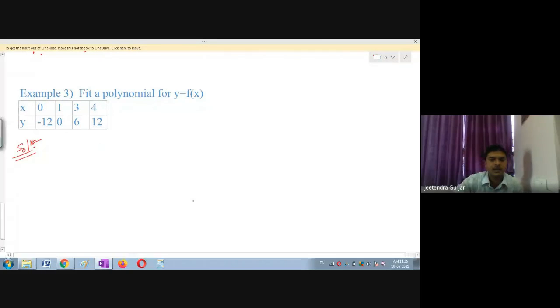Here you can see x and y are not given, students. You are going to find only the polynomial. You are going to keep it as it is. Yes, simplify and tell me what is the answer.